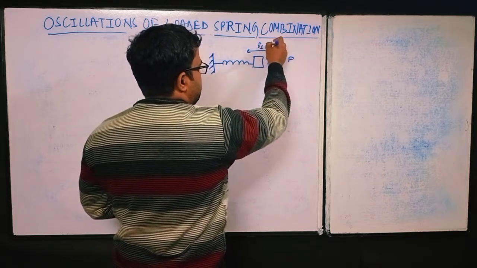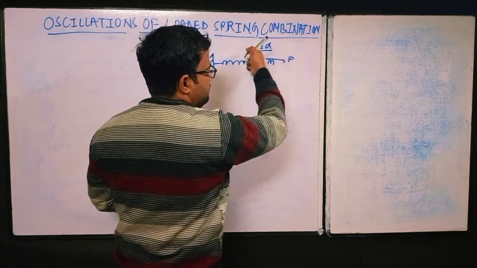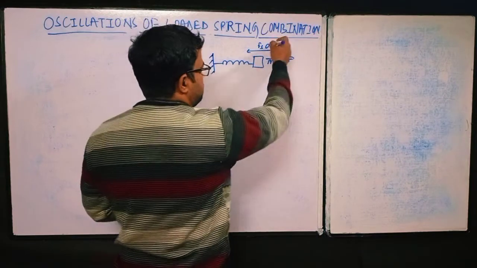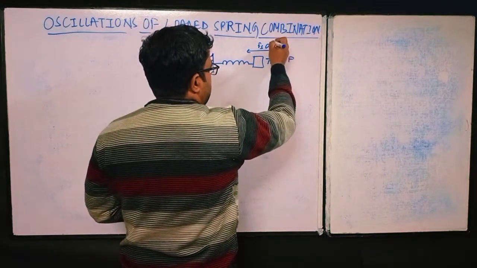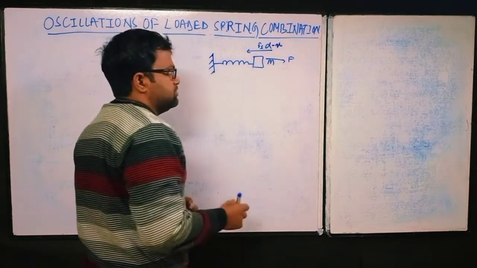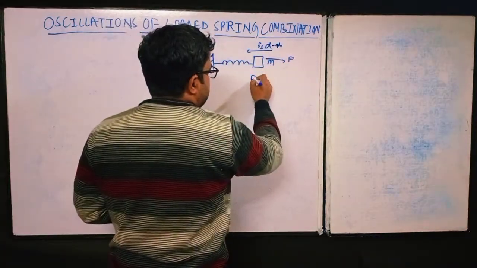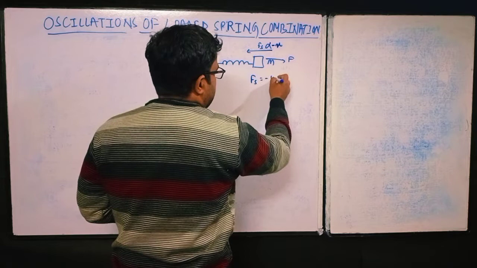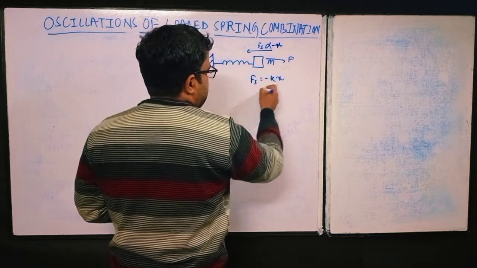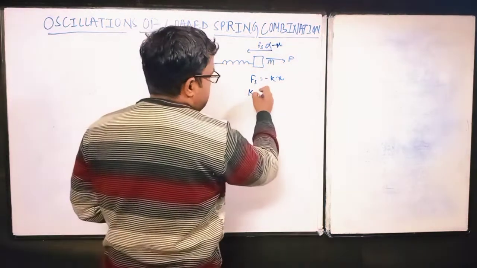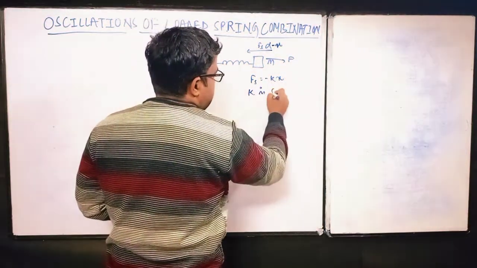And this restoring force is proportional to your displacement. The more we displace, the more it will pull, the more will be the restoring force. It's proportional to minus x because it's in the opposite direction, and we can write that F restoring equals minus kx. k is your spring constant or proportionality constant.